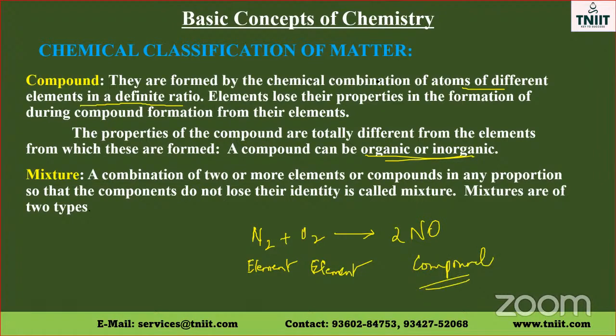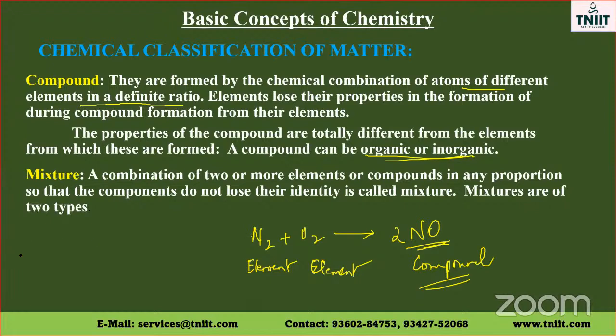They are formed by chemical combination of atoms of different elements. So two different elements, when they combine in a specific, definite ratio, we get compounds. Here, nitric oxide is an example of a compound because it contains two different elements. Since this is made of two different elements, the properties of nitric oxide will be different compared to oxygen and nitrogen.